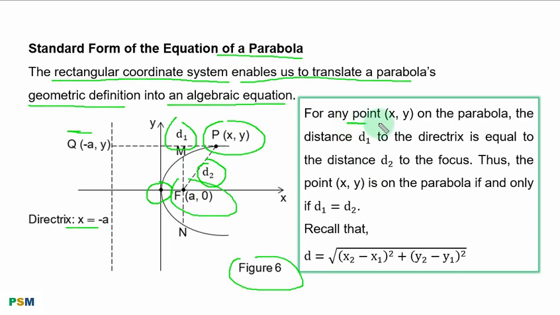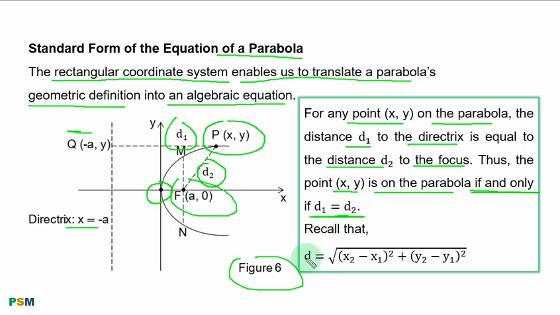For any point (x, y) on the parabola, the distance D1 to the directrix is equal to the distance D2 to the focus. Thus, the point (x, y) is on the parabola if and only if D1 is equal to D2.